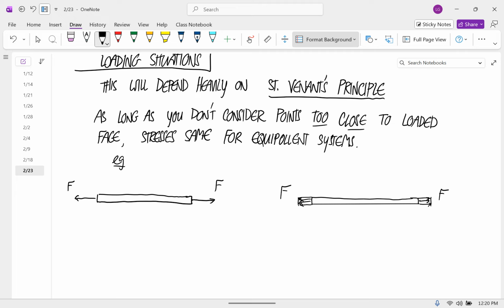That distributed load is equipollent to that point force.